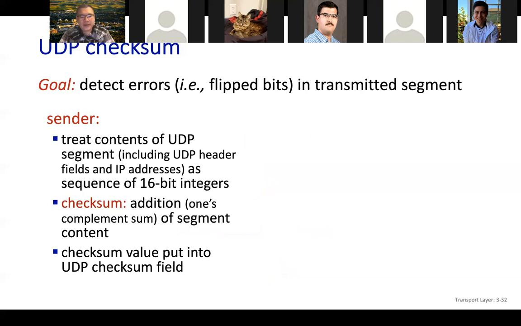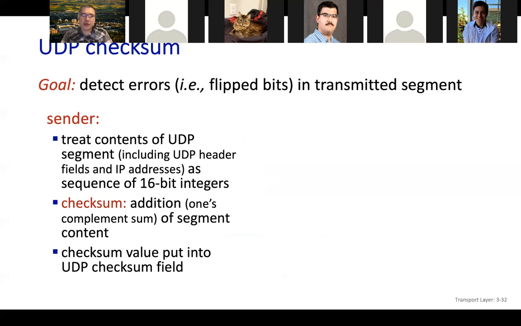So the sender treats the contents of the UDP segment, including UDP header fields and IP addresses, as a sequence of 16-bit integers. They don't care what you send, whether it's video, radio, audio, or anything else, right? Just treat all data as 16-bit integers.